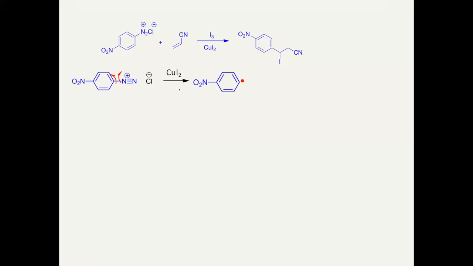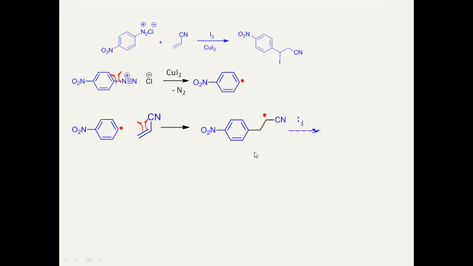This radical attacks this olefin. Addition of radical to olefin takes place, and there is a formation like this. This radical which is formed here further reacts with iodine. This I3 will supply iodine and I2 will be liberated. So we can write like this.